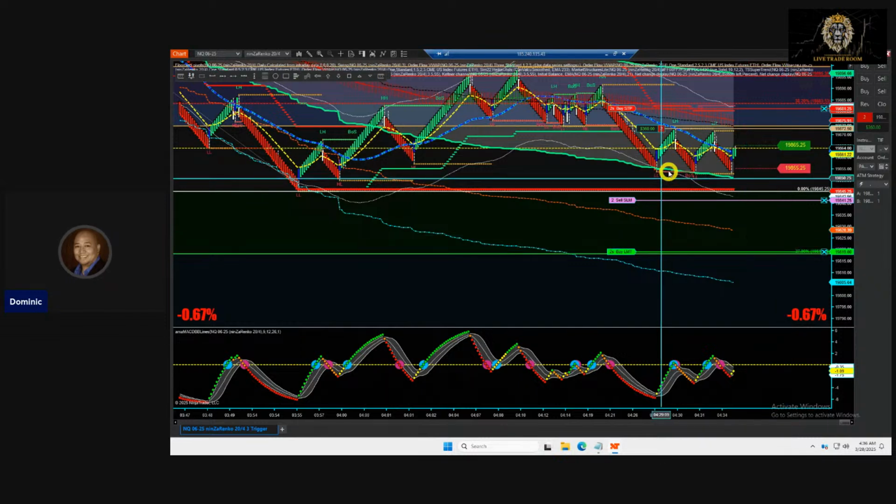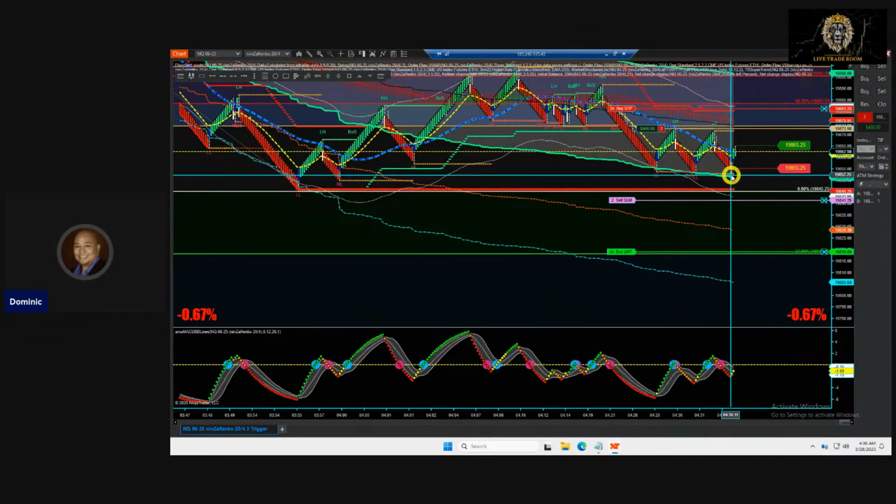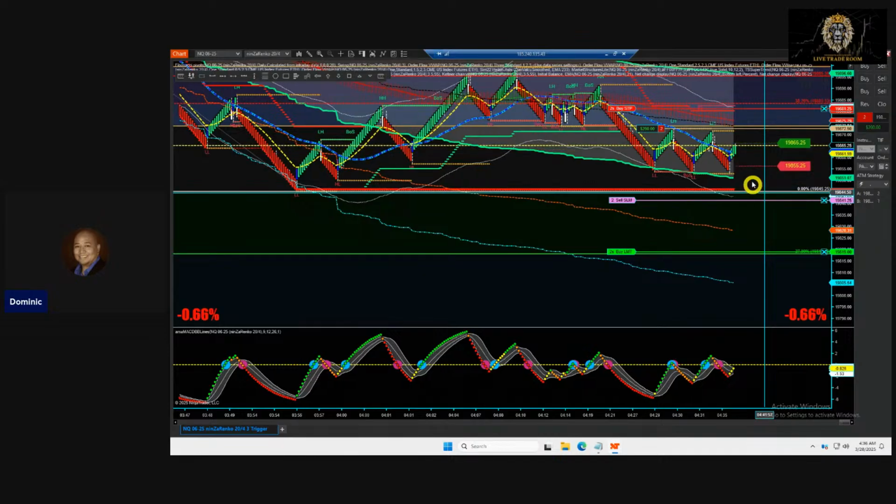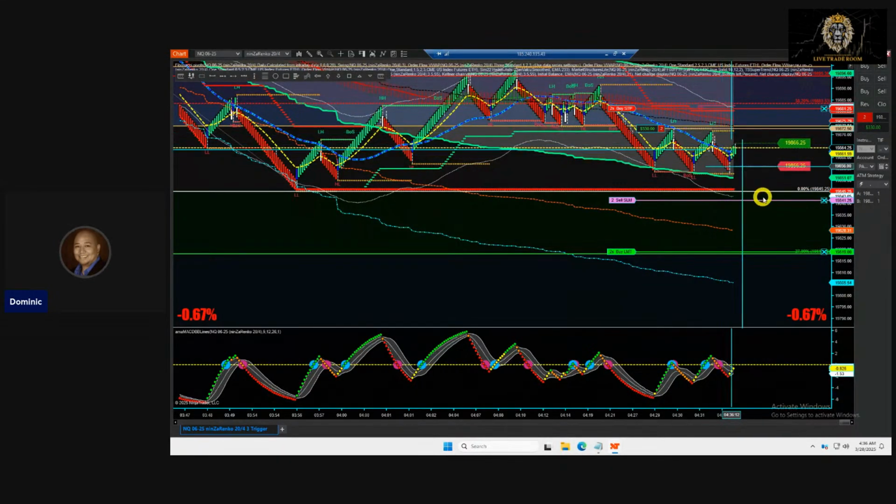So you see that we have a lot of strong supporters. They didn't make a lower low, but they did create a lower high.